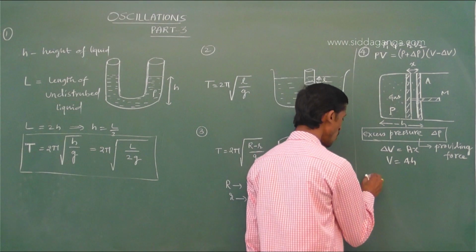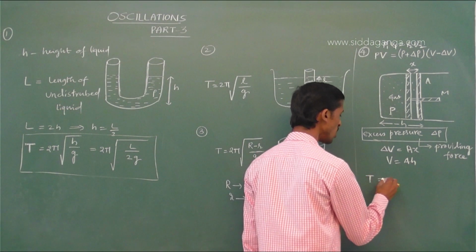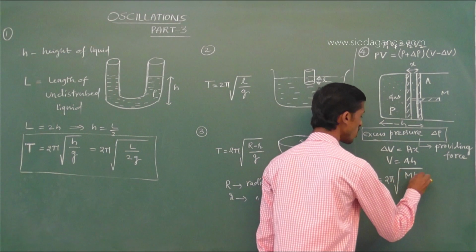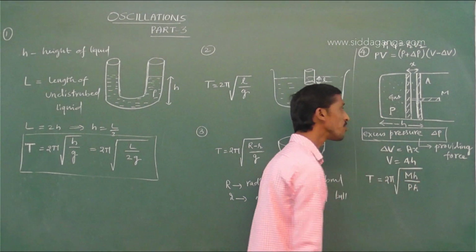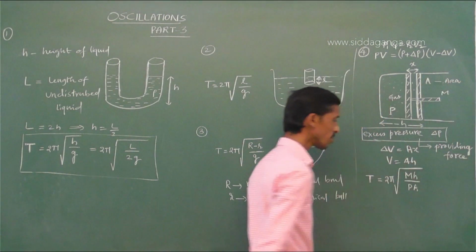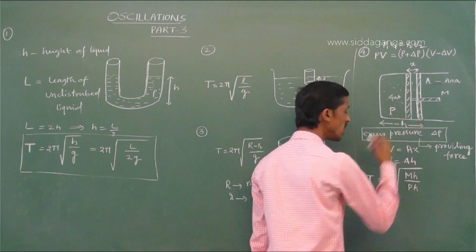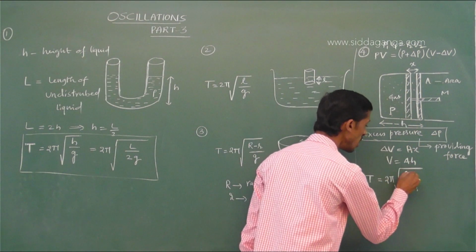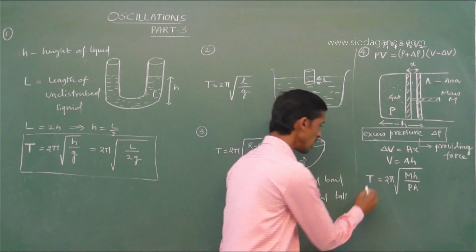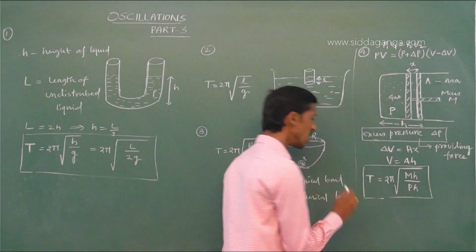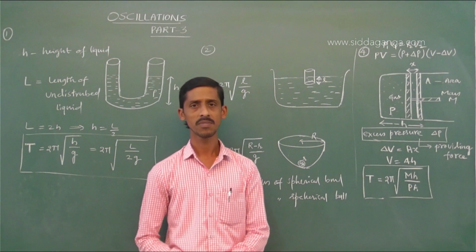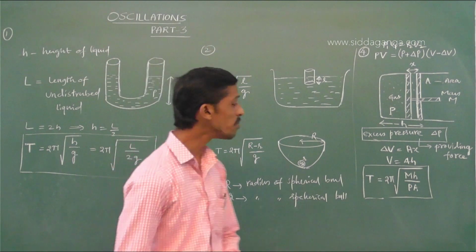The formula for the time period is T equal to 2 pi root of m h by P into A, where A is the area, h is the length of the cylinder, P is the pressure, and m is the mass of the piston. So these are the things we have to remember.